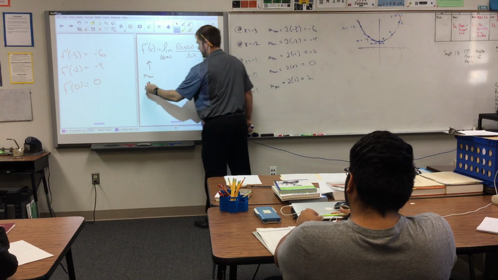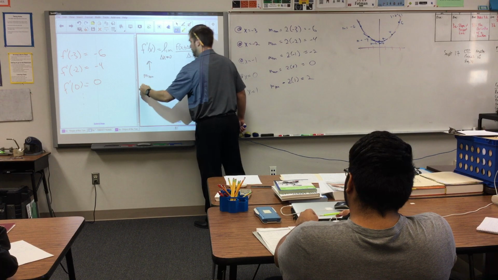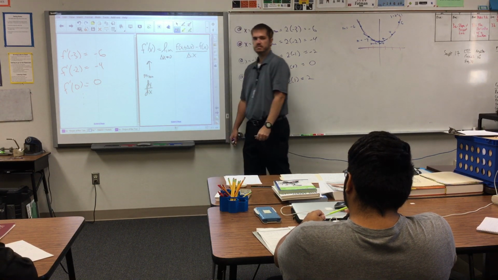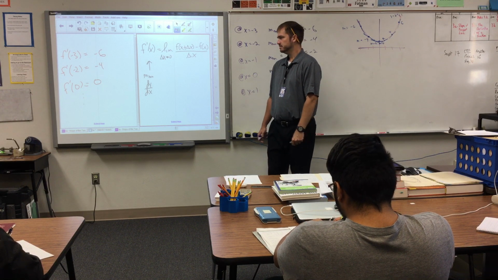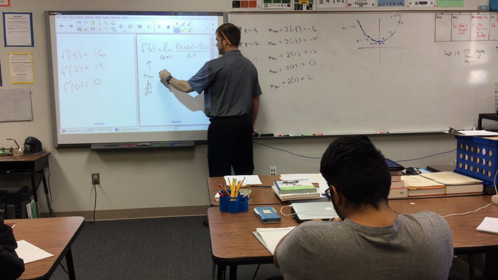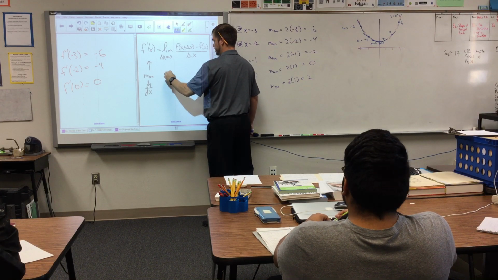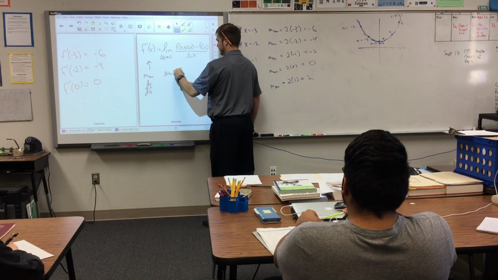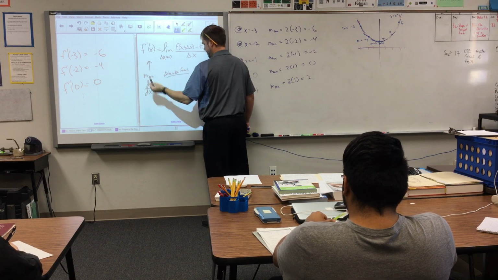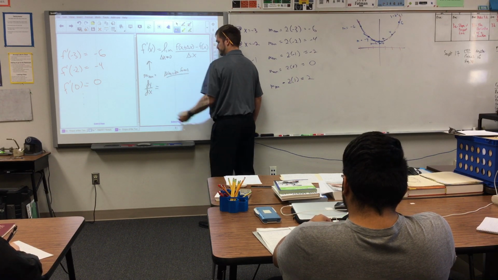Sometimes you will also see, instead of saying f prime, they'll say dy over dx. That's another notation. These are alternate forms. dy over dx equals m tangent equals.